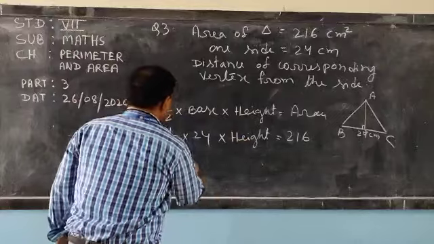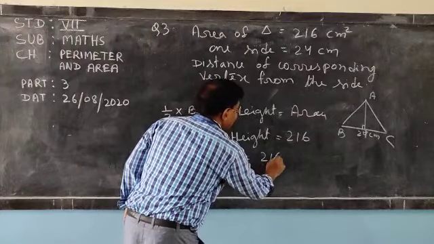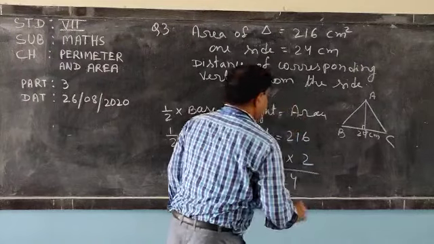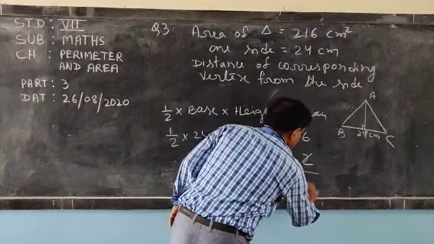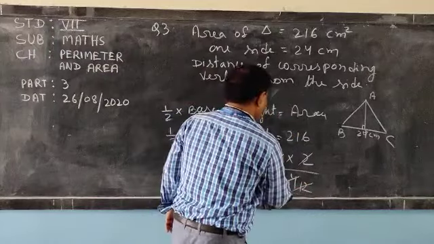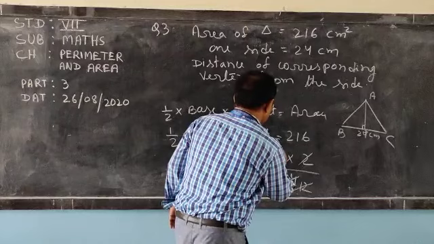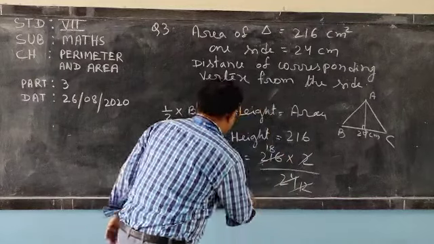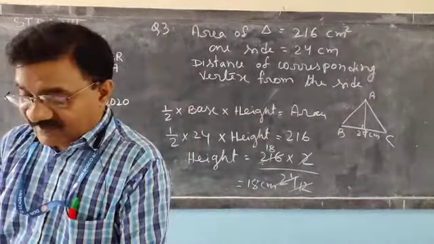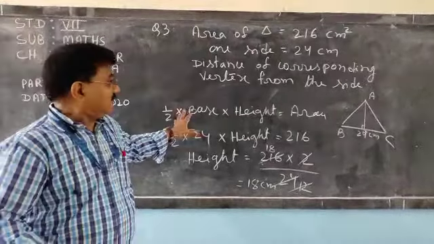Now leave height here and remove this. 216 into 2 by 24, and 2 12s are 24, 12 1, or 8. So height is 18 centimeter. Understood or not? Very easy question. Now, this part is clear.